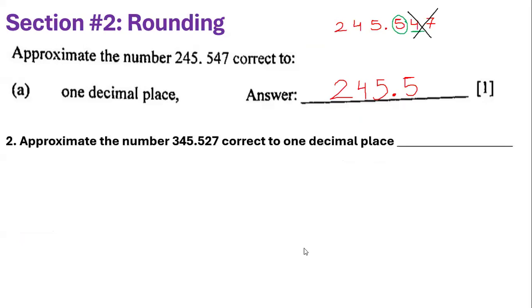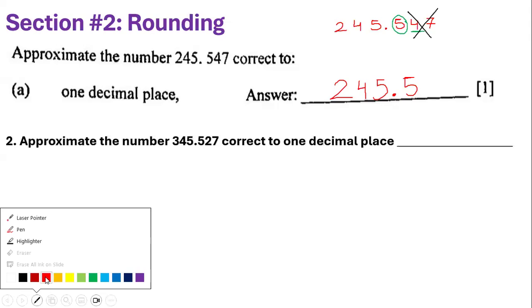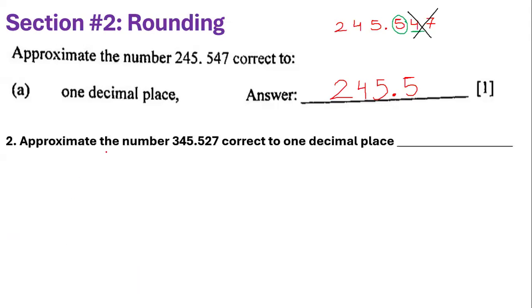All right. What did y'all have for this one? 345.5. How did y'all get that? What are we going to do? Cancel off the 27. Circle 5. We have 345.5.